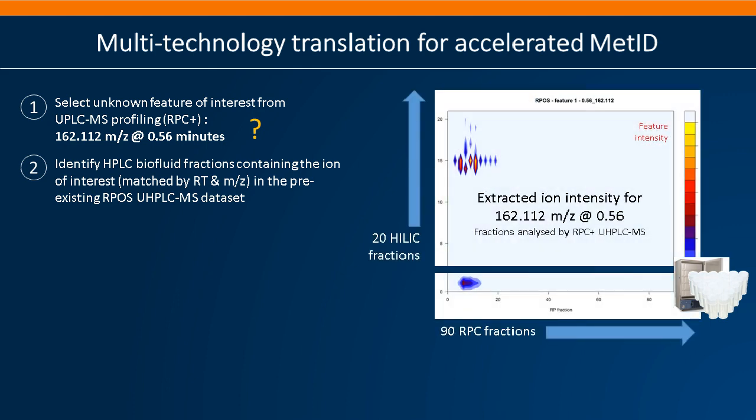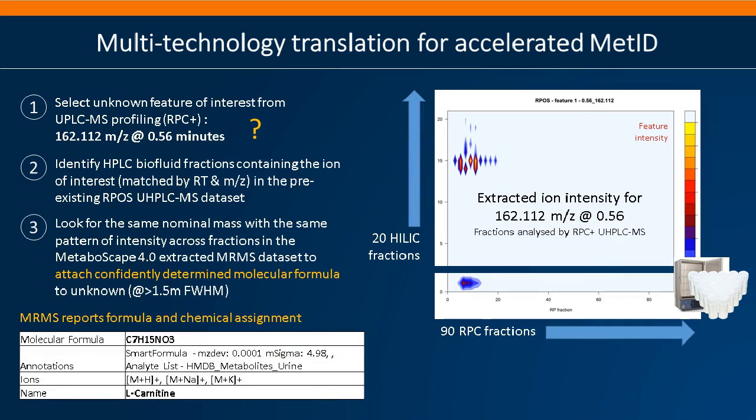Then we go ahead and look for the same nominal mass, and we're able to, in this case, using MetaboScape, look for in those rough fractions a mass which has already been annotated as L-carnitine. So this becomes a suggested annotation derived from the MRMS of a biomarker derived from an LC-MS routine screening assay.